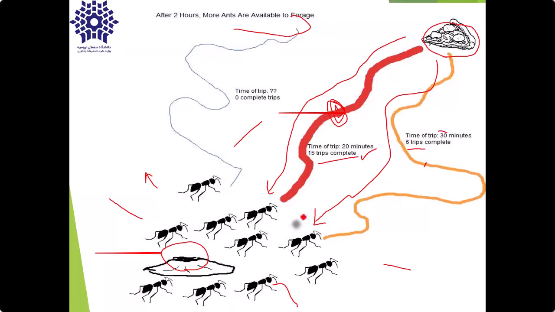Because this is the shortest path, many ants travel from the nest to the source of the food. Because many ants travel in this direction, all of them spread pheromone on this path. Then the path gets stronger and stronger. Finally, all the ants travel on this path, and the other path will disappear after some period of time.